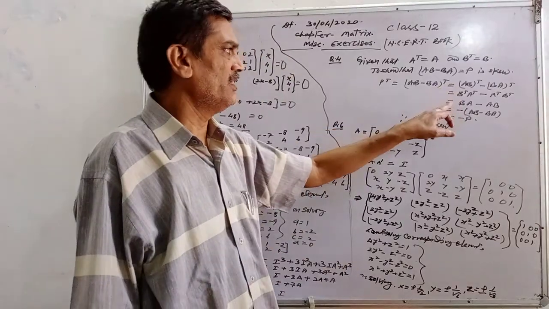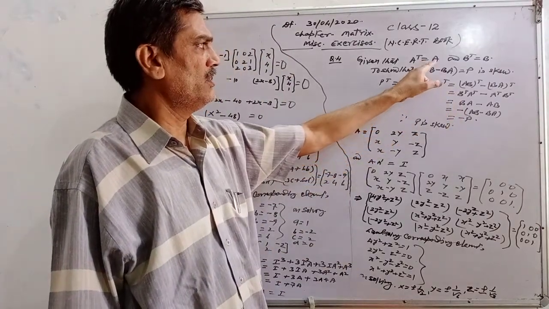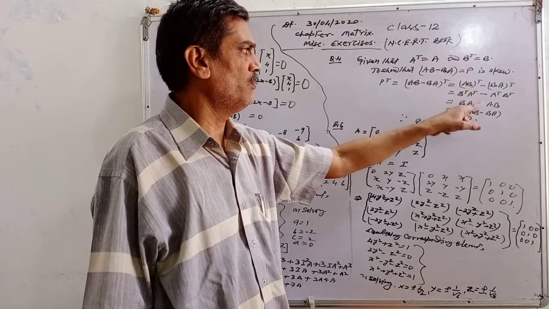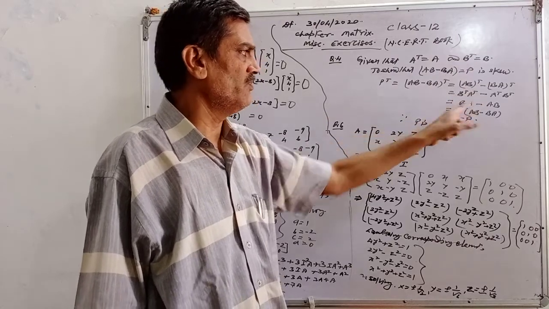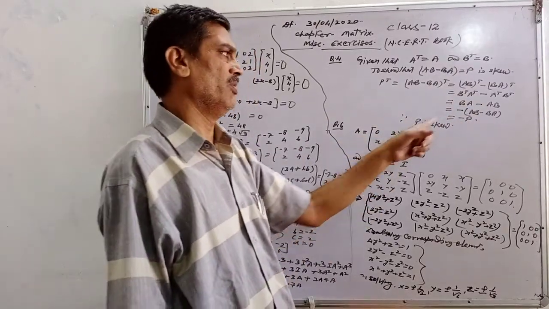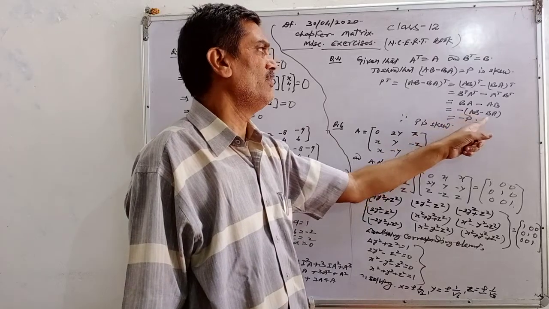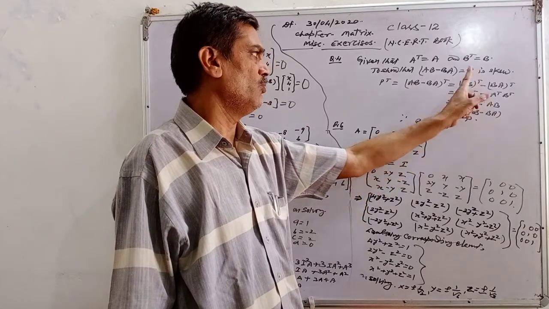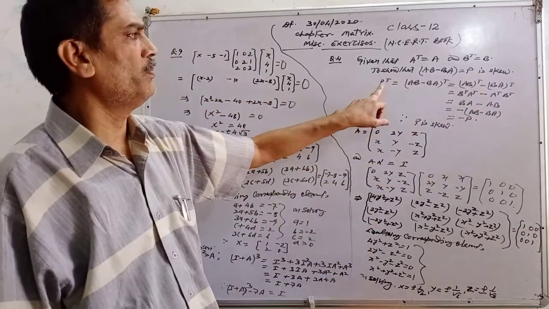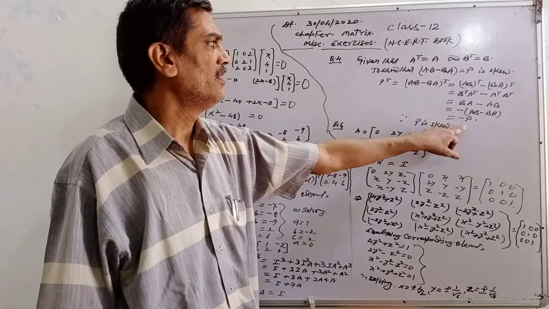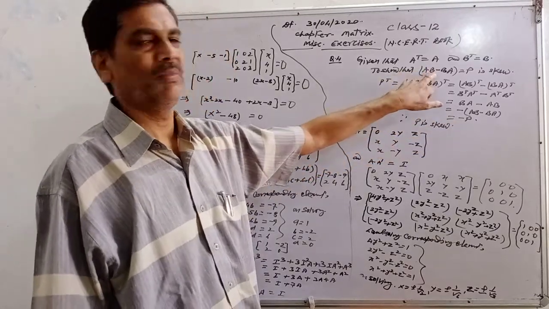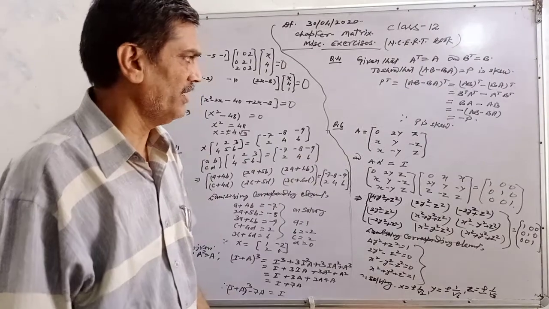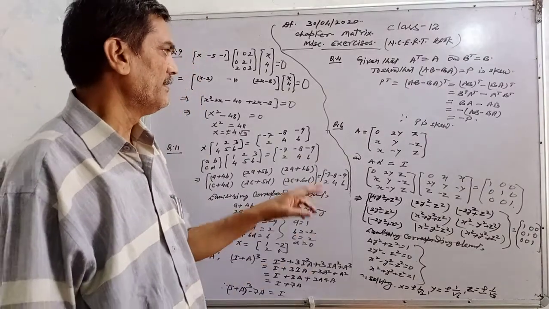And A transpose is A, B transpose is B. Putting their values, you get this. When you take the minus sign common, you will get minus of AB minus BA, which is equal to minus P. Means transpose of P is minus P. So P, that is this matrix, is a skew matrix by the definition of skew.